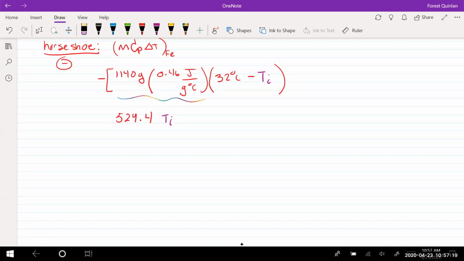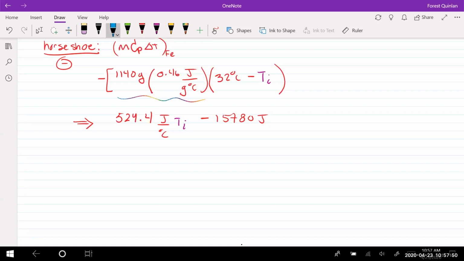I should note my units before I do that. My units would be joules per degree Celsius times the initial temperature. And since it's a negative times a negative, it becomes positive. Then I need to multiply that by 32. 16,780. Okay.